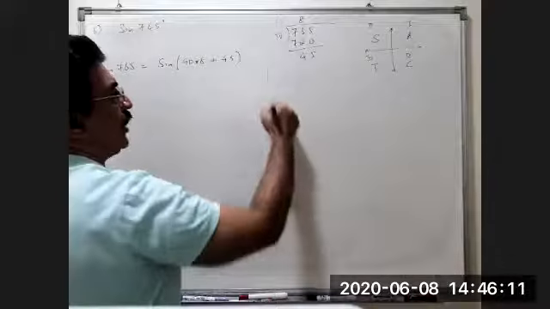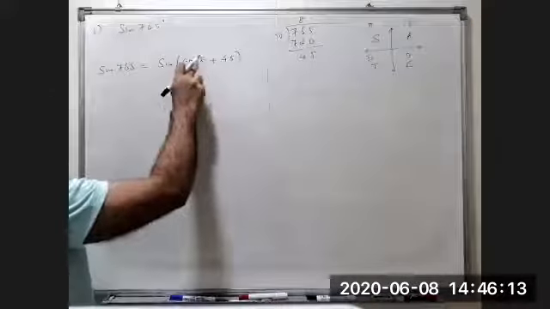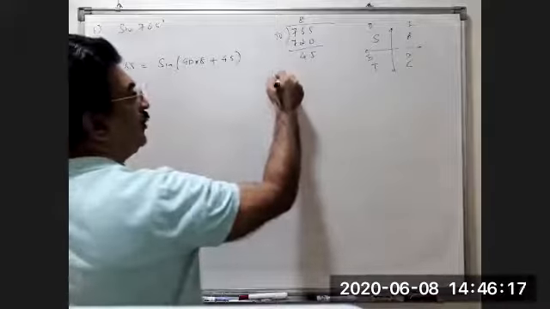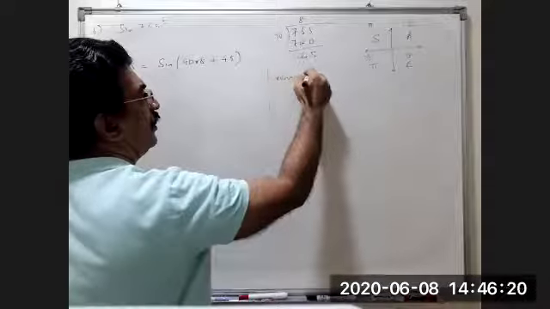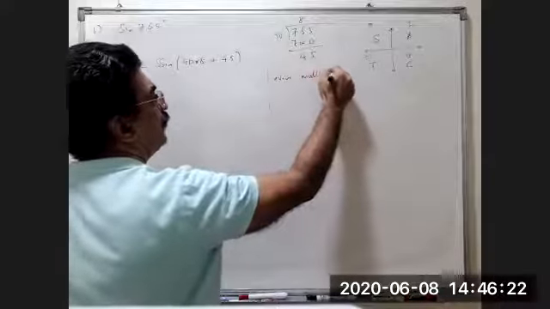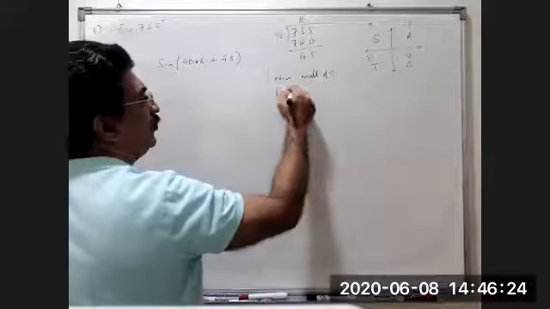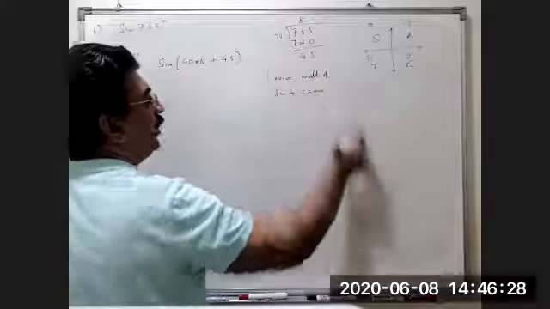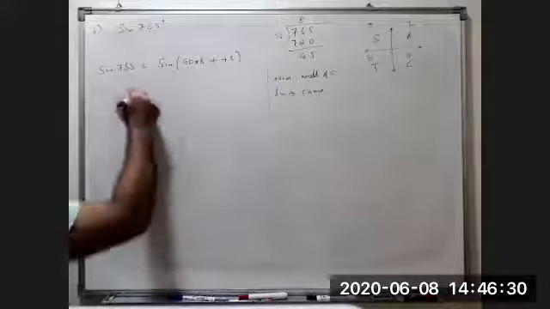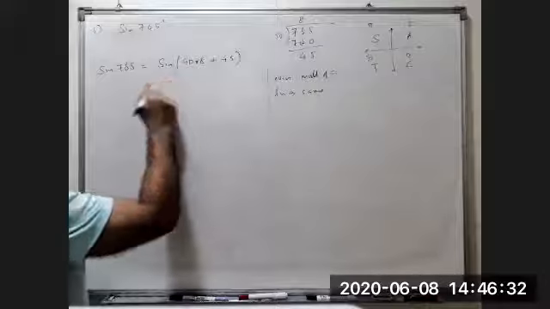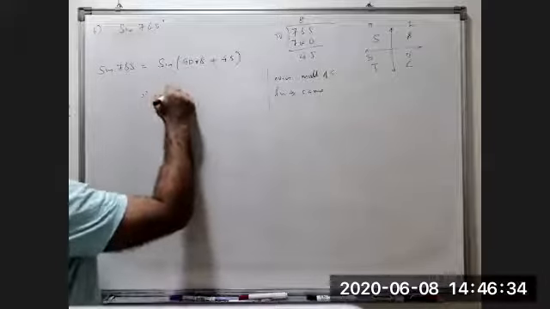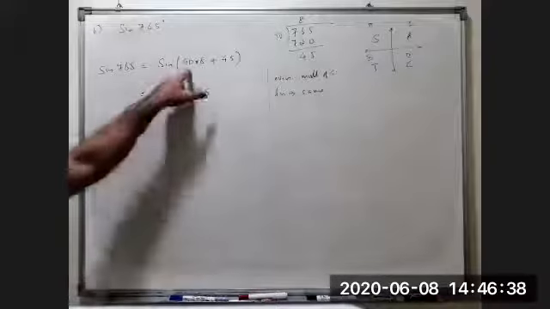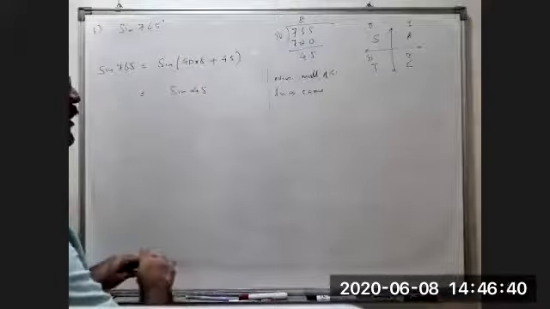So here, it is an even multiple of 90, so the function remains the same. That means this becomes sine 45 only, because 90 into 8, 8 is an even number.